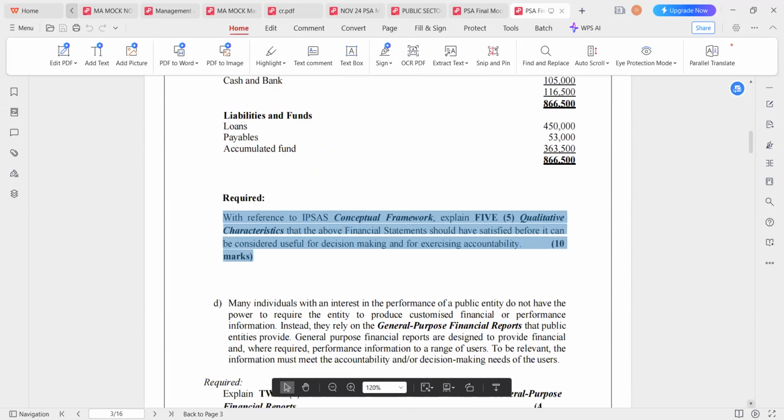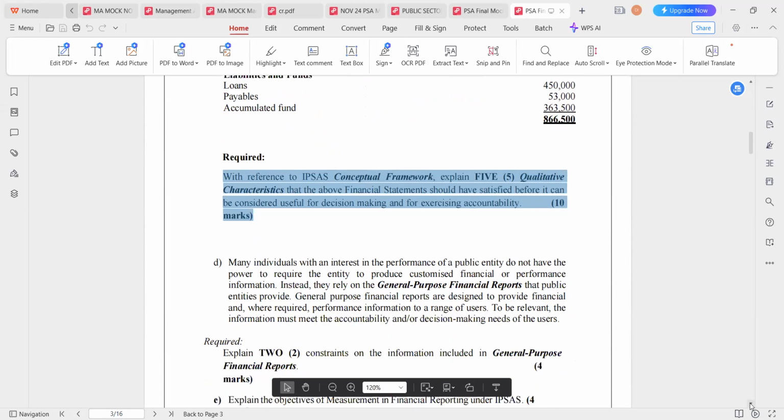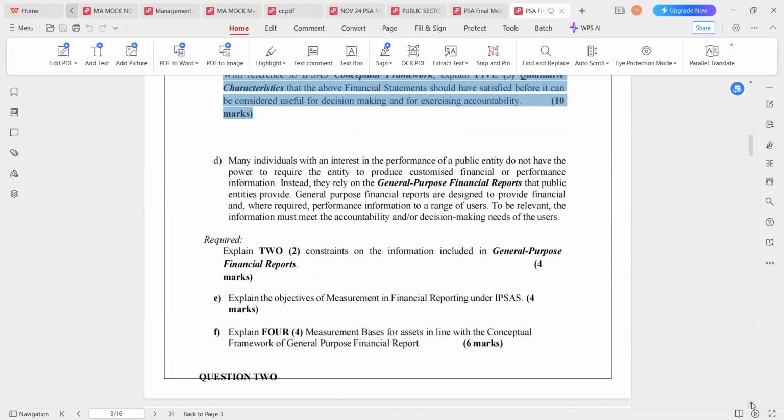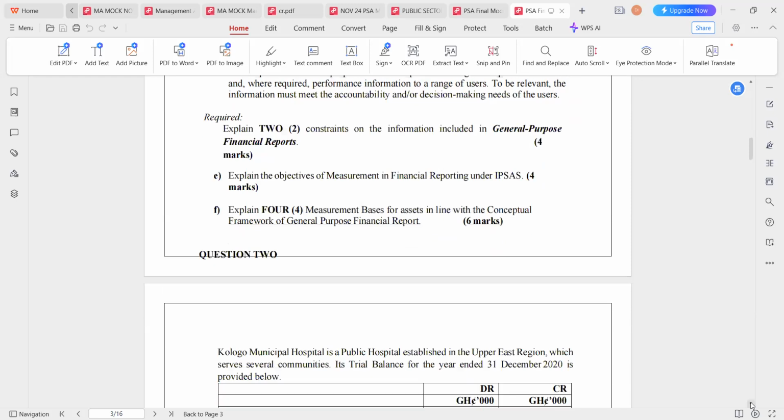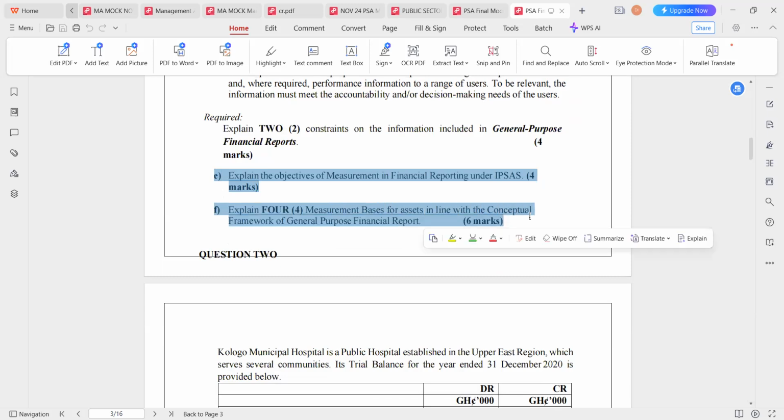Then the limitations of general purpose financial statements. This one is not part, don't learn this. It has dropped already, in the last 2 sittings, word by word, figure by figure. It's the top one that has not dropped that I'm waiting patiently for.